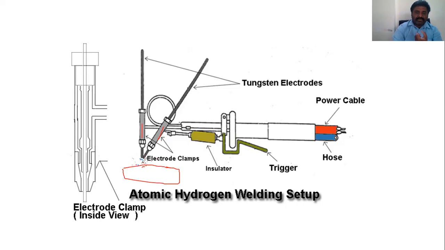What happens in the arc region? The molecules of hydrogen are dissociated into hydrogen atoms by the high heat of the arc in the electrode gap.